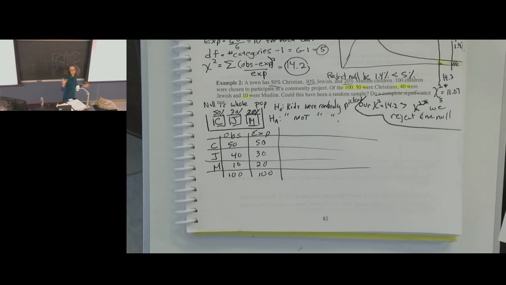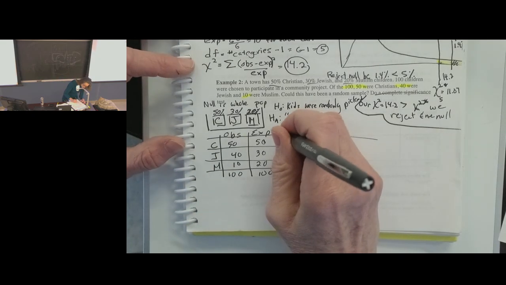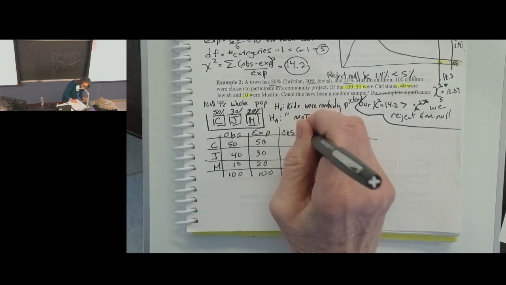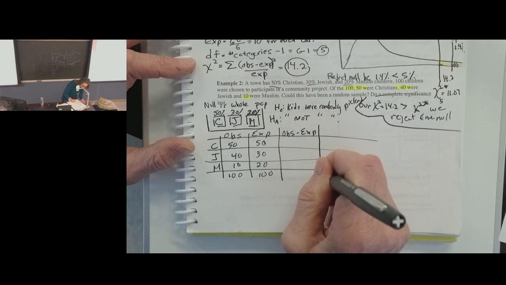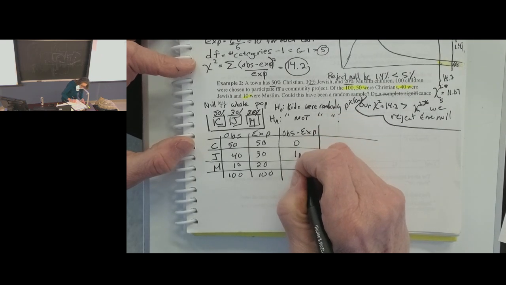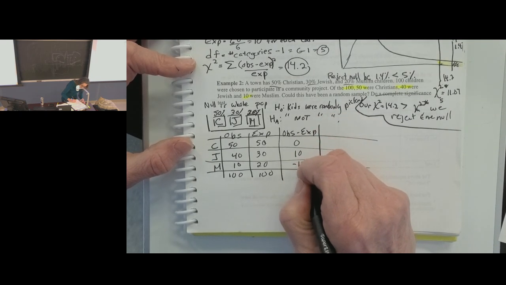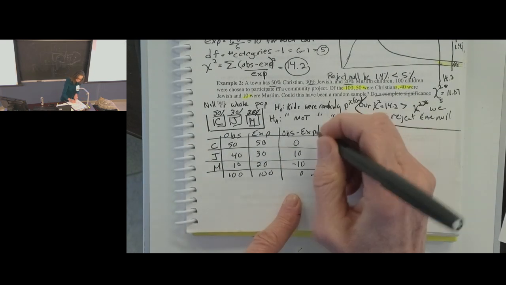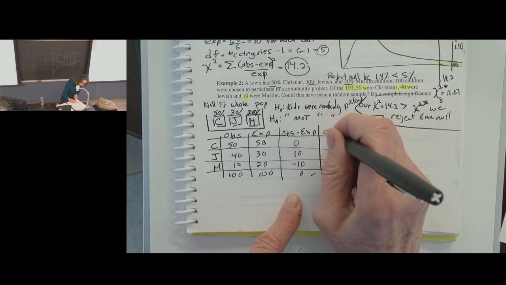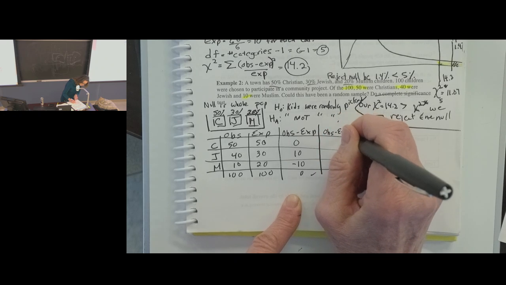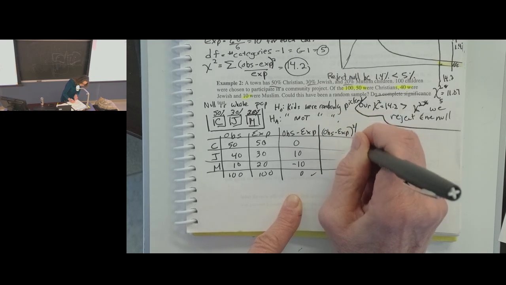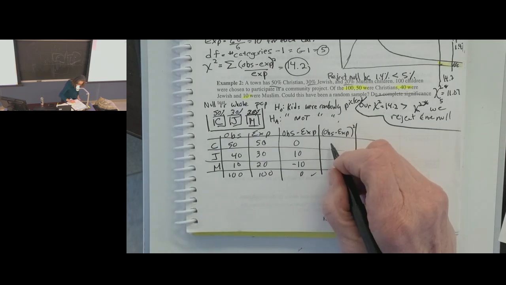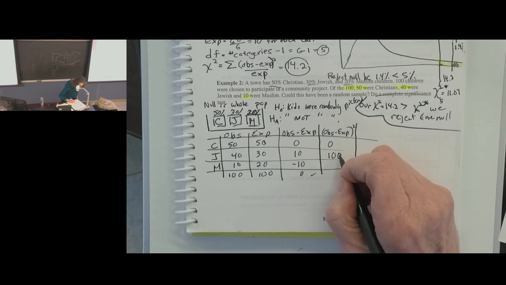And now you know what to do. You take your observed minus your expected. And that's 0, 10, and negative 10, and check that they sum to 0. Now you're going to square those, and you get 0, 100, and 100.